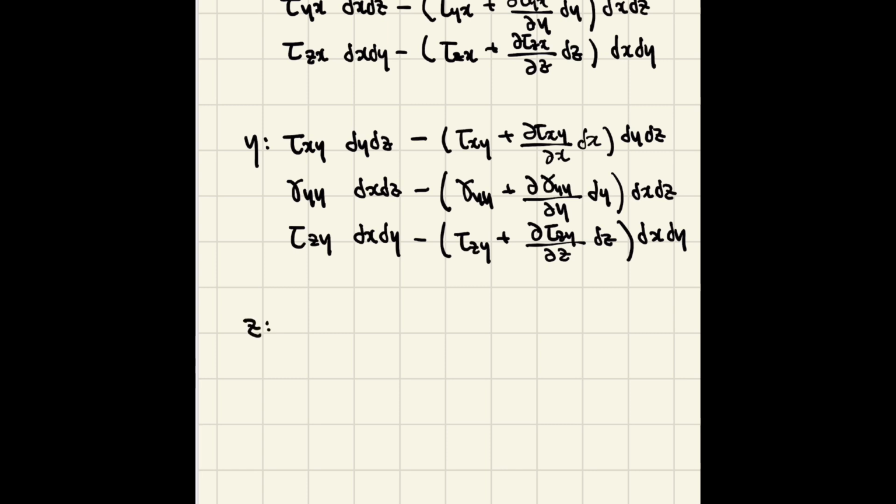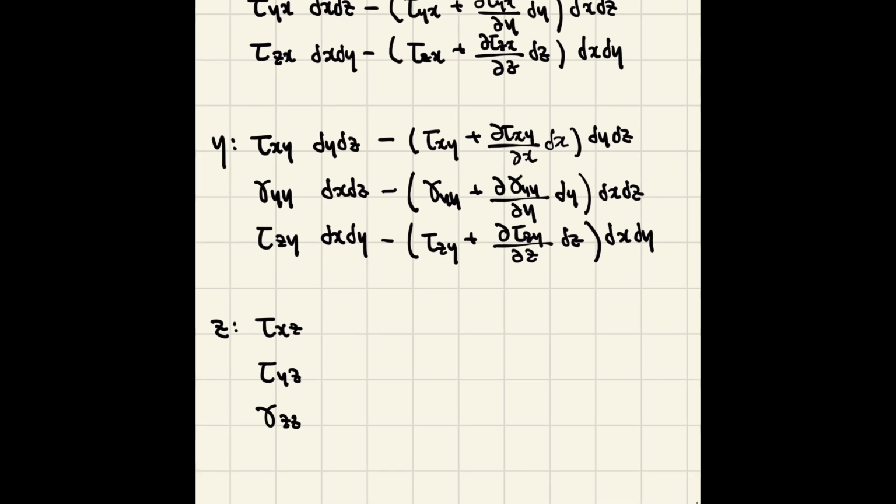So this one will be tau z, tau xz, tau yz and the sigma zz.